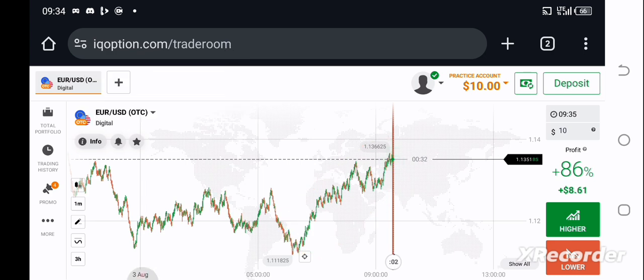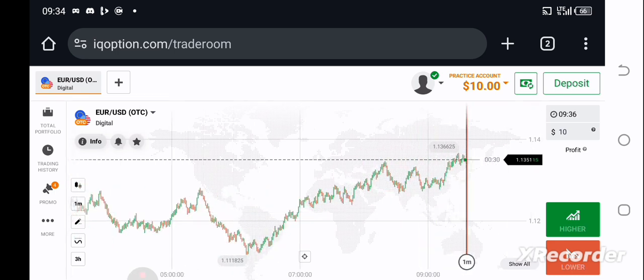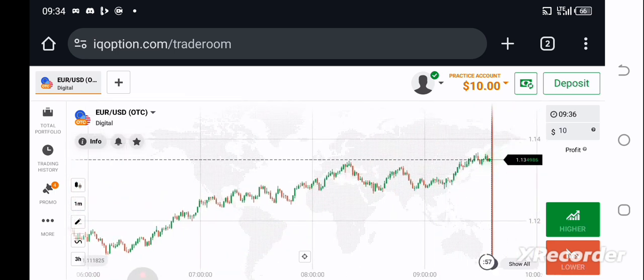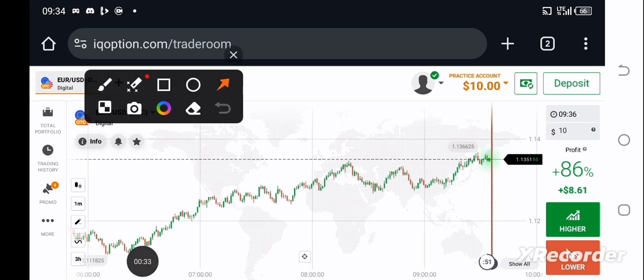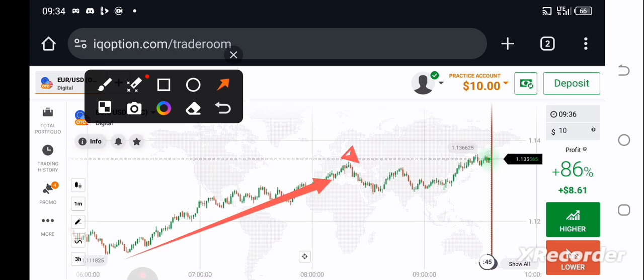Having seen this situation, you zoom out. If you look carefully now, this is what we are talking about, major and minor trends. This is the major trend. You can see the market is going up. Then at this particular time, the market dropped a little bit. In this situation, it is called a minor trend. Now you see what I was trying to draw on that plain board.